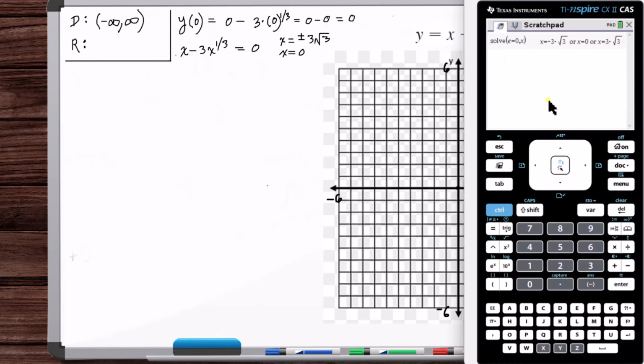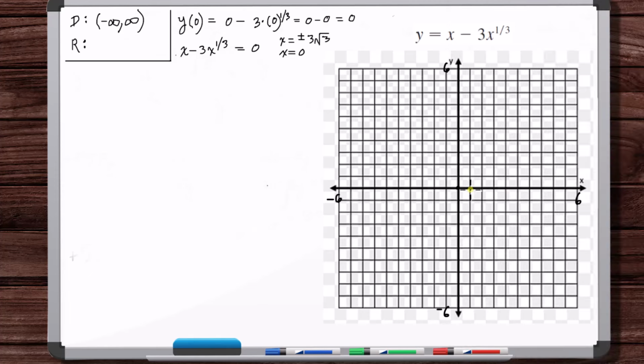So 3 root 3 is what? 5.2. 6 minus 0.6 is 5.4, so somewhere around here. That's plus and minus 3 root 3. Those are the x-intercepts. There are 3 x-intercepts, and 1 y-intercept.